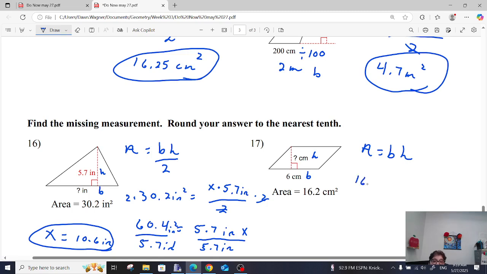So 16.2 centimeters squared has to equal 6 times h, and this would be centimeters. So divide by 6 centimeters. And what do we get for our answer for our height then? What is it? 2.7 centimeters.